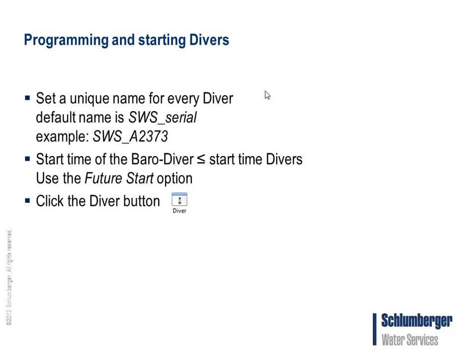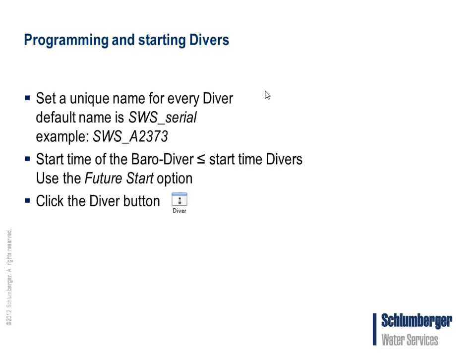And it gets even worse if you name the barometer the same as the diver, then you cannot compensate any data. So by default, when the divers are shipped, they have a default name which is SWS and then underscore the serial number. So for example, SWS underscore A2373.